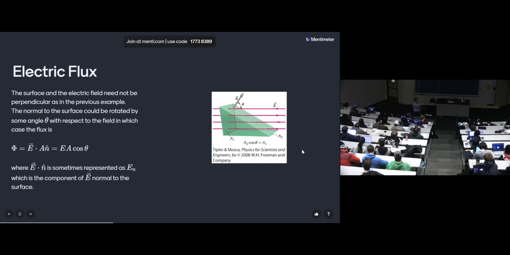So that checks out. What happens instead if A2, the plane, is parallel to E, meaning that the normal is perpendicular to the electric field? Then we've got the cosine of pi over 2, the cosine of 90 degrees. Cosine of 90 degrees is 0. If the plane is parallel to the electric field, it never goes through the surface.